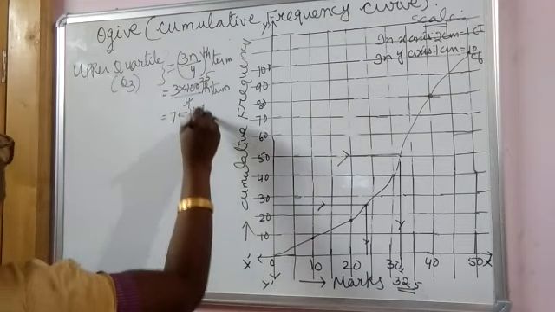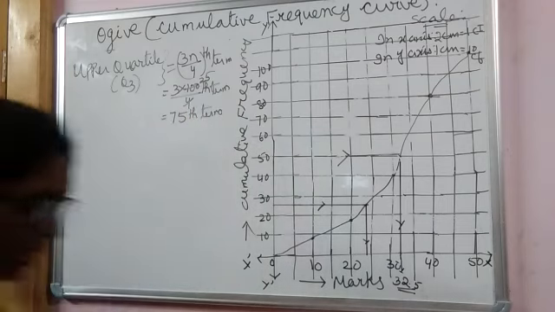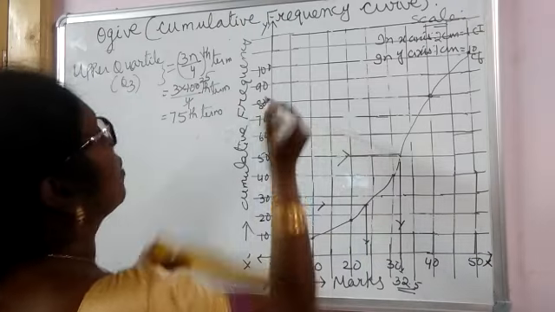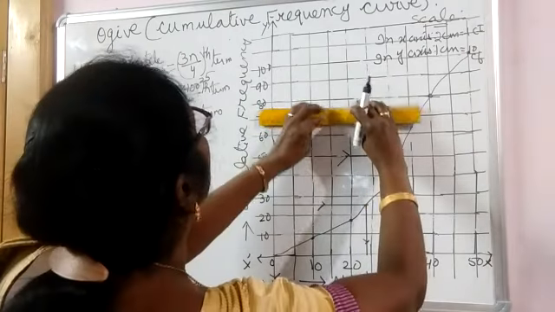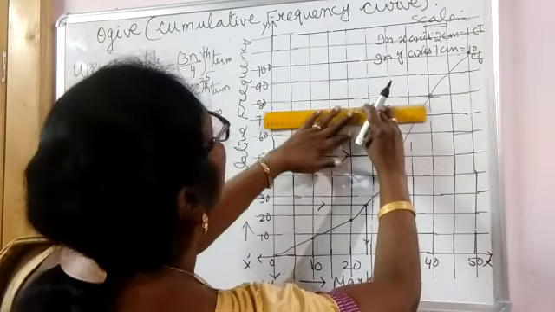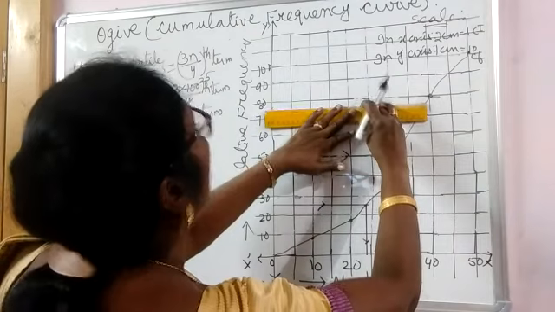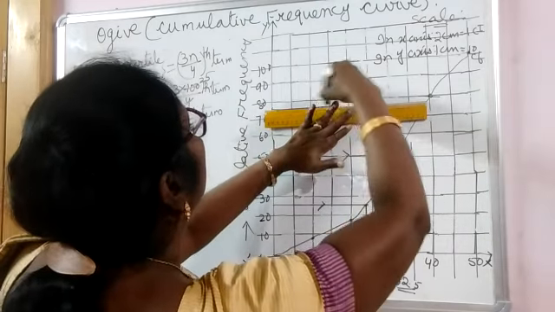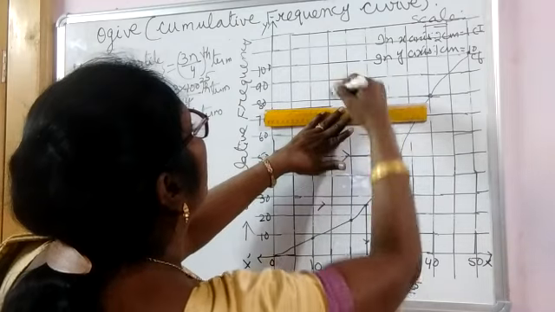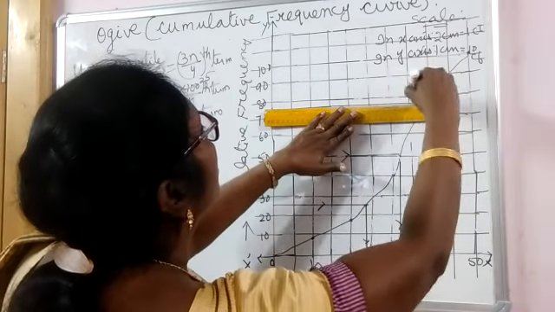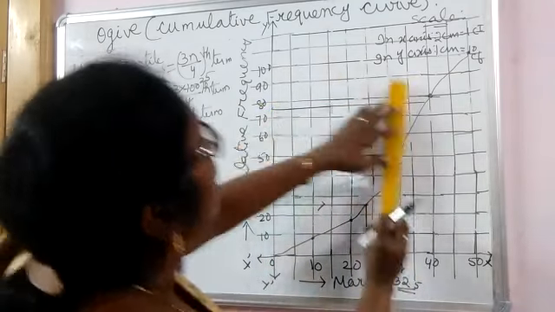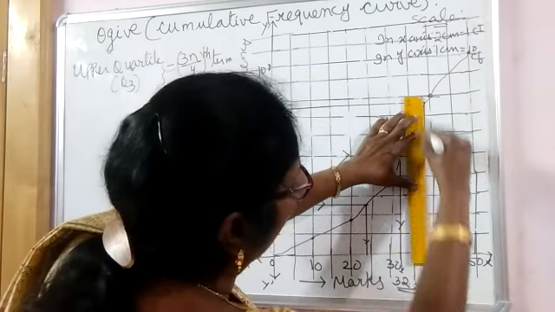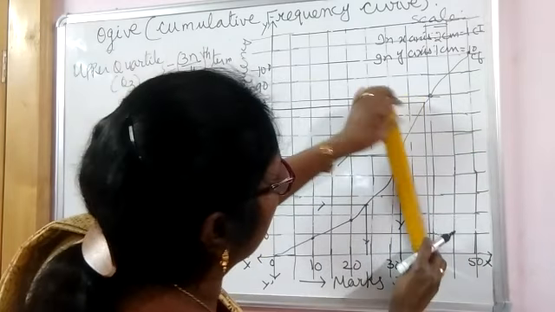Same way, from 75, here 75, draw a horizontal line to the graph. I am not able to do it very clearly. Again from here, draw the vertical line to the x-axis.